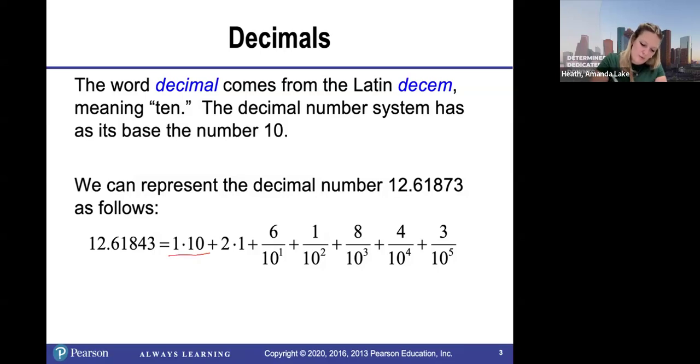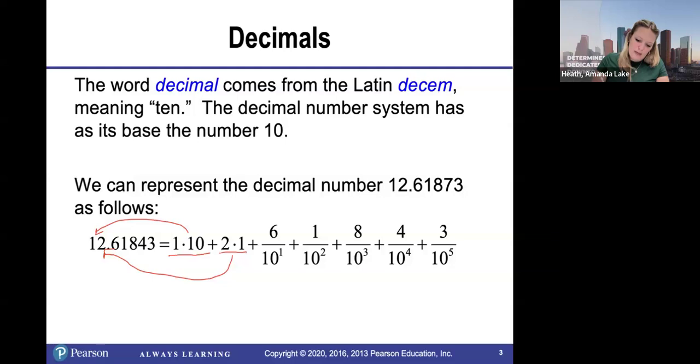This is from the 1 in that 12. Then we also have 2 ones, and that's where we get this 2 times 1.